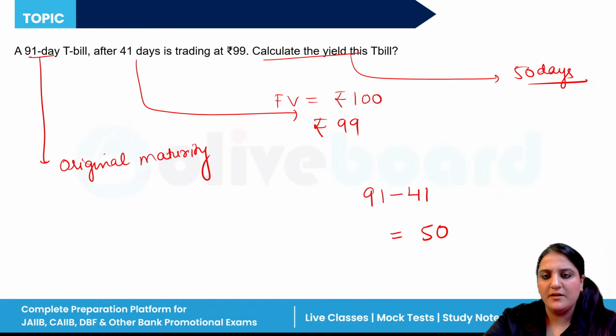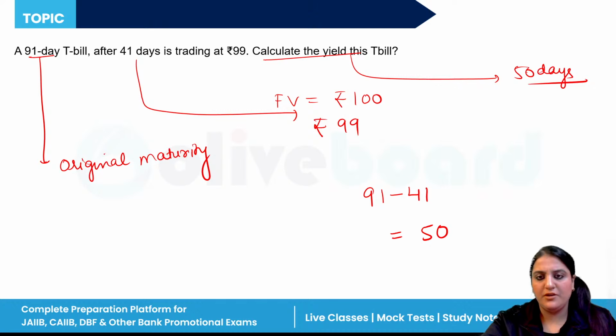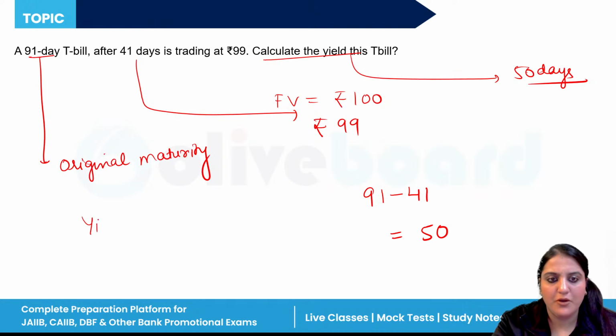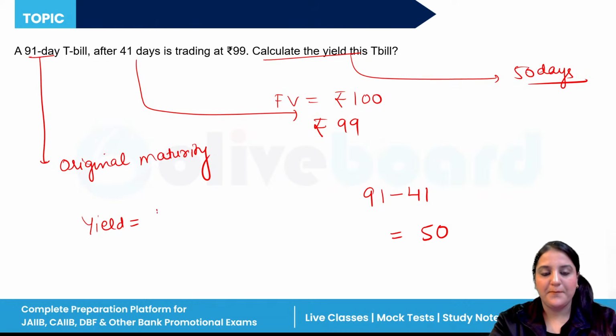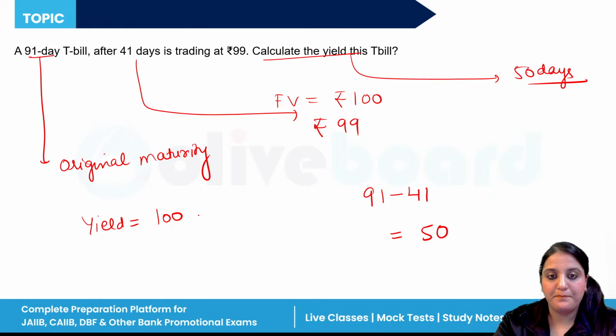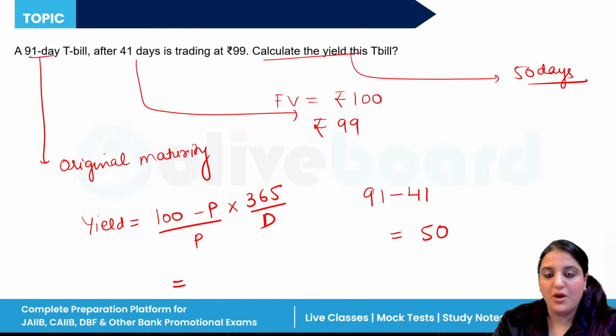Now we have to calculate the yield, so we have to apply the formula of yield. Sorry, they are asking about the yield. So this is 100 minus P, divided by P, then multiplied by 365 by D, and I have to multiply by 100 because we have to calculate yield.